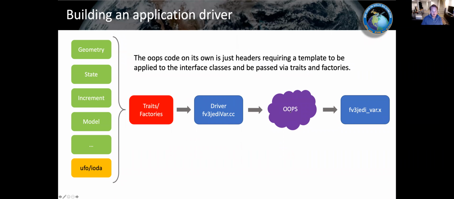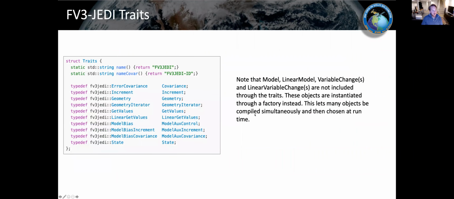So OOPS on its own is just sort of headers and doesn't really compile. It's not until an actual application comes along that you go ahead and compile all those header files and put together an actual application. This is what the traits look like for the model. So you see, we have our own version of error covariance, although it doesn't really do anything because we just use the one from Sabre.